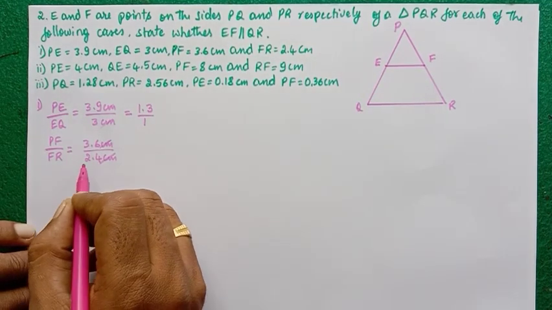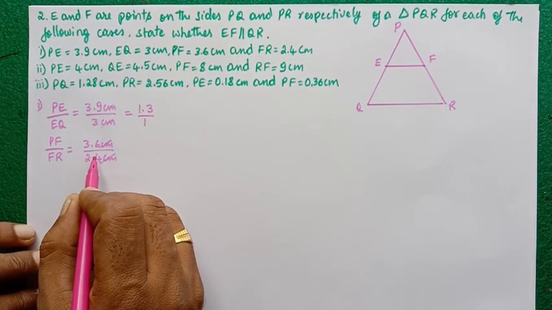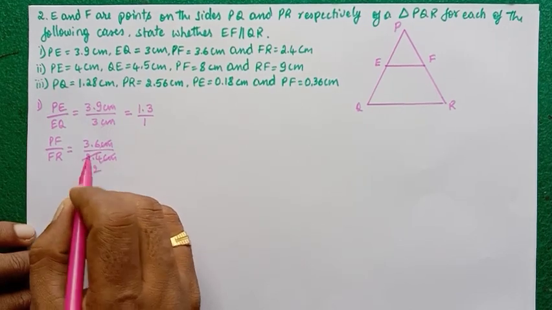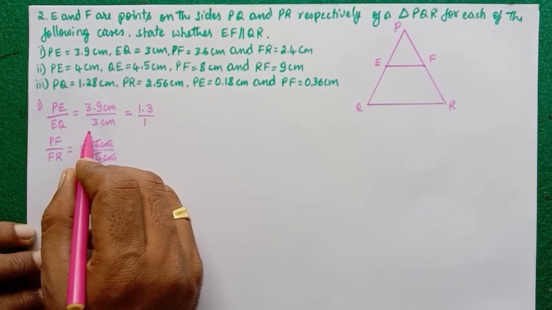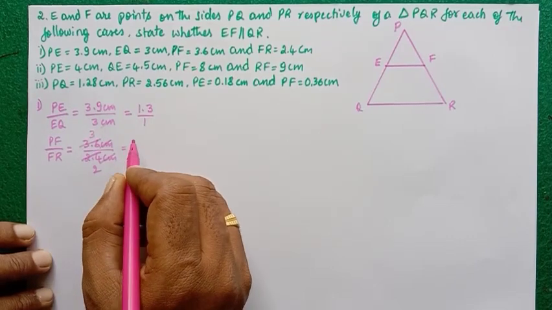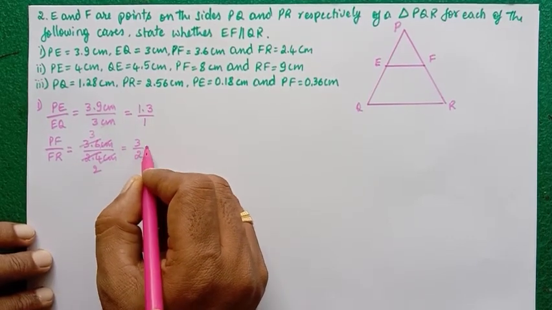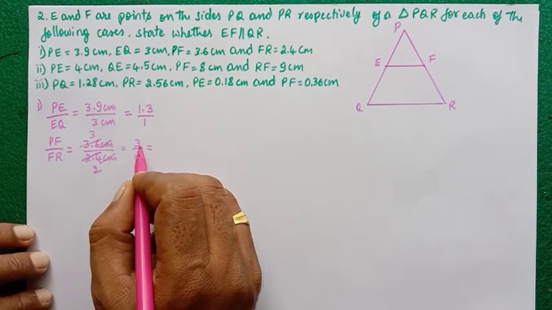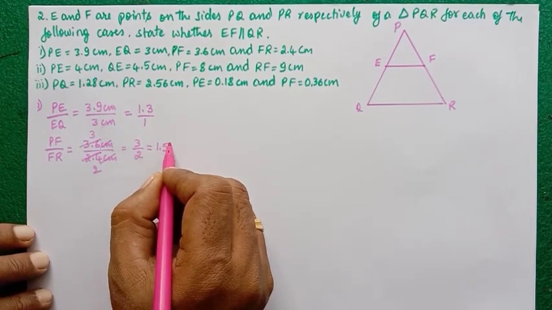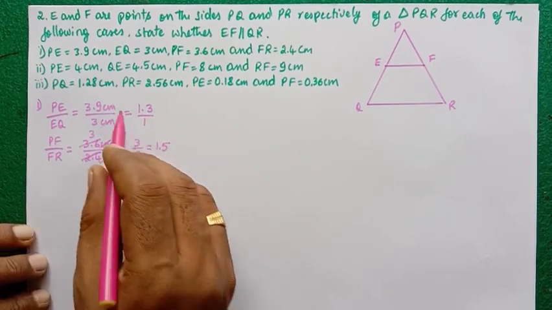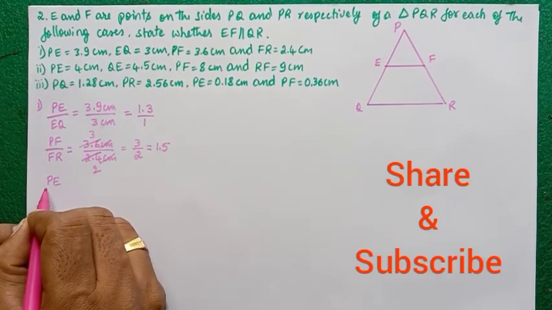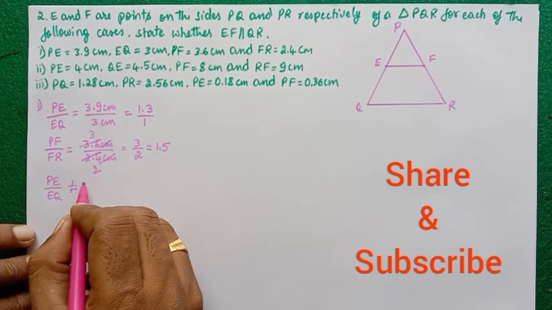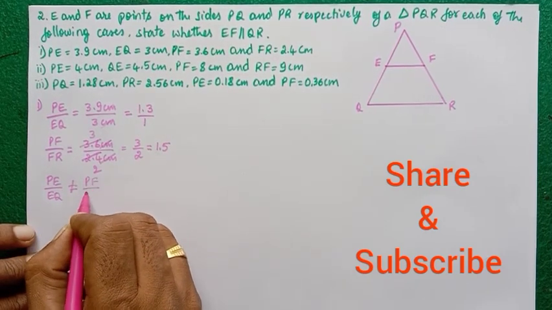So we get 36 by 24, which is 1.5, that is 3 by 2. So PE by EQ does not equal PF by FR.